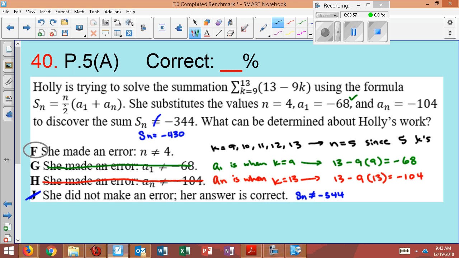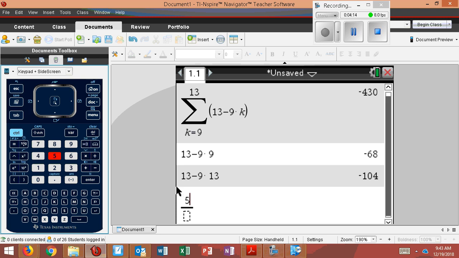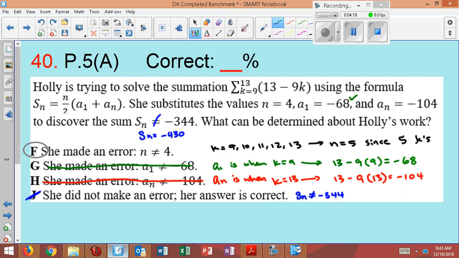Now, if you want to check your answer, we could have found the true sum of negative 430 using this formula if we would have plugged in a 5 there. Let's see if it works out in a calculator. It's a fraction, so we'll hit Control, divide, 5 over 2 times the rest of the formula, a1 plus a sub n.